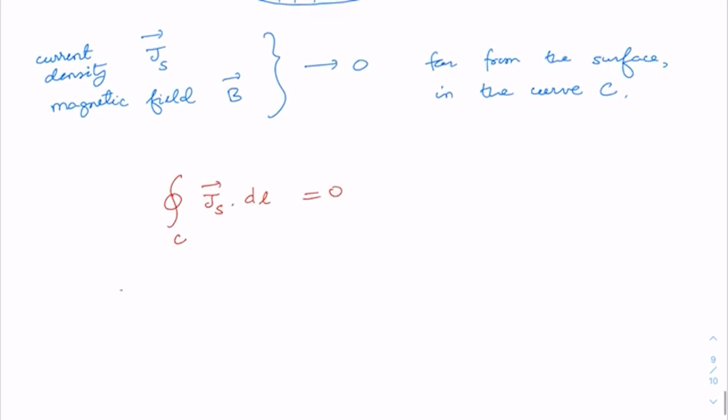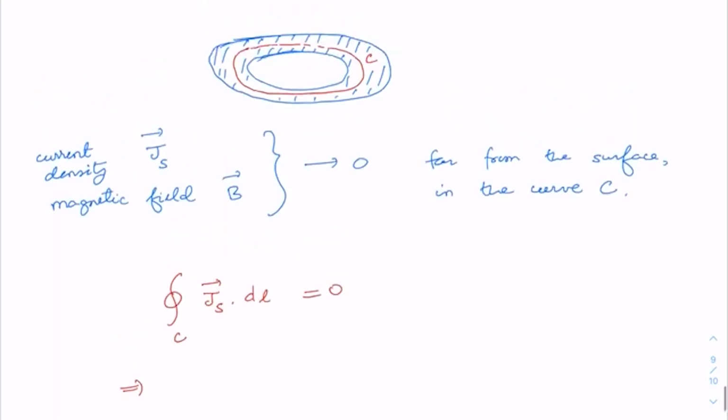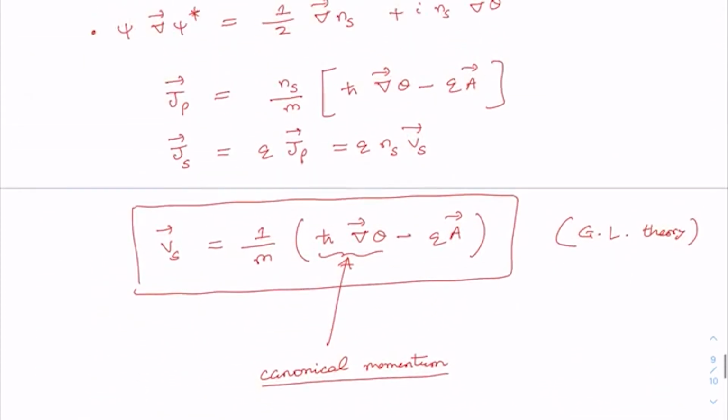We can write this because we already have the expression for this current density, which we worked out earlier. So this is what we have as our current density expression. Using this along with this expression, current density Js is equal to Q into Jp.